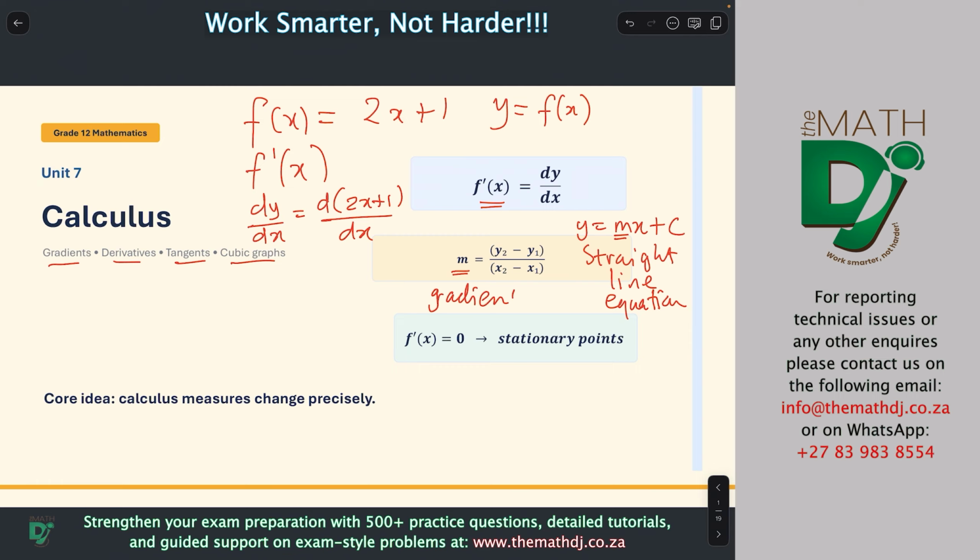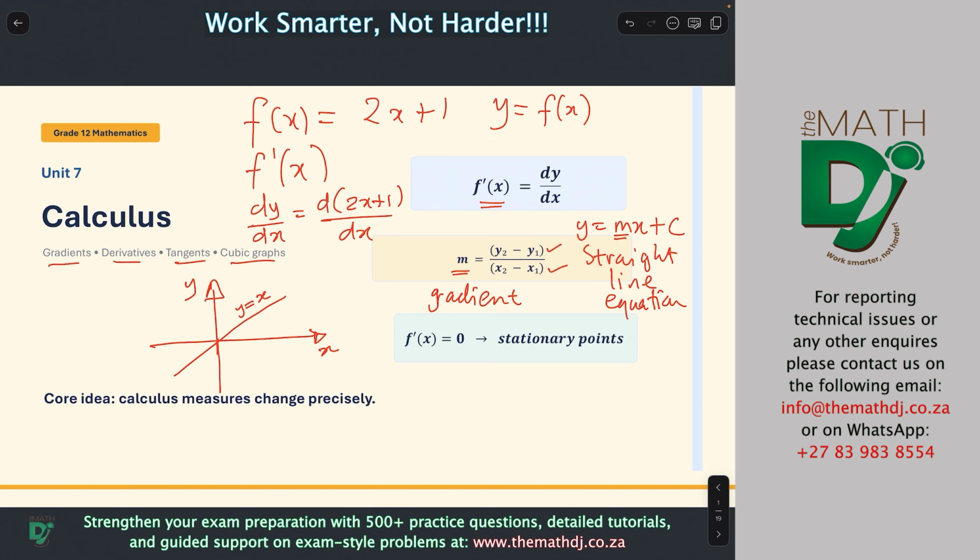Remember, gradient is change in y over change in x. For example, you've got a graph like this: this is the y-axis, x-axis, and then we say y is equal to x. So this is the line.